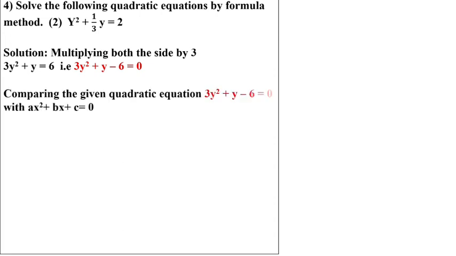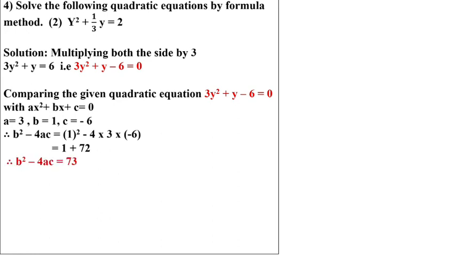We will compare the given quadratic equation with ax square plus bx plus c. The value of a is 3, b is 1 and c is minus 6. Formula method means first of all we will find the value of b square minus 4ac. Substitute the value of a, b, c. Here we get, square of 1 is 1 plus 4 3 is 12, 12 6 is 72.